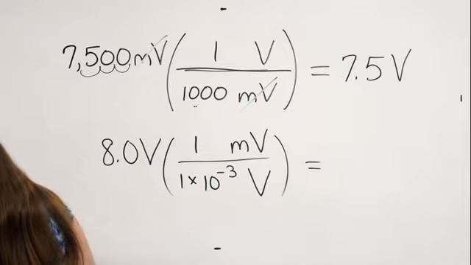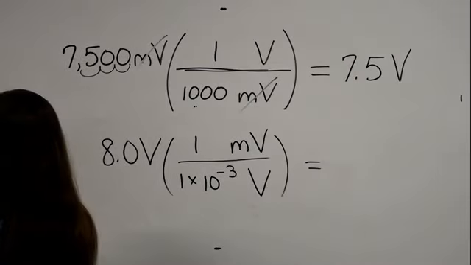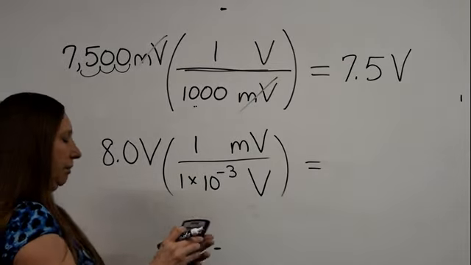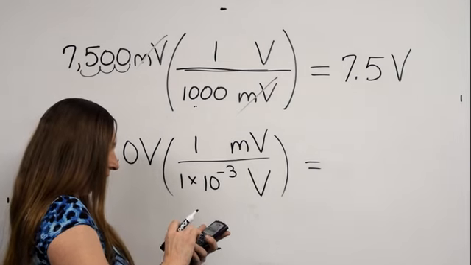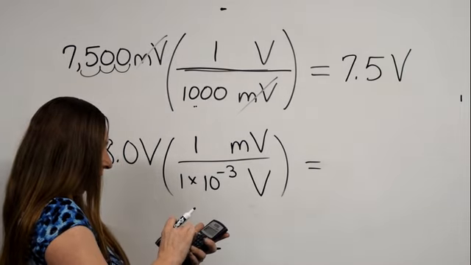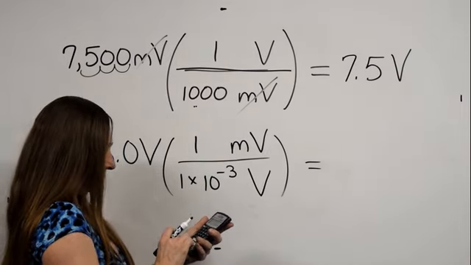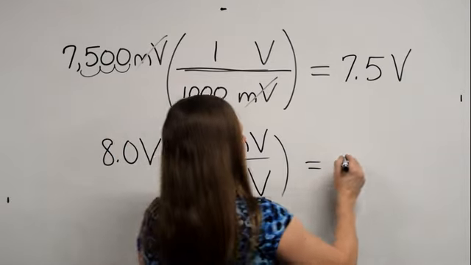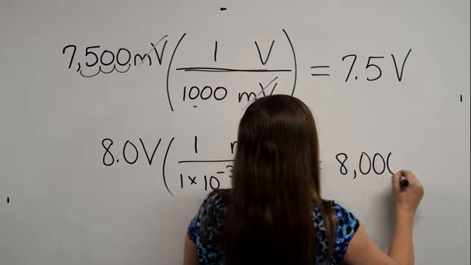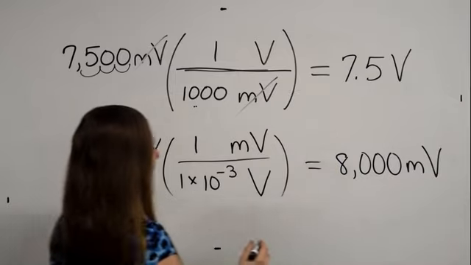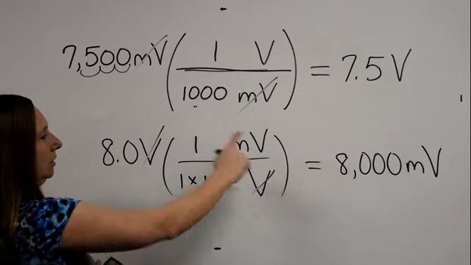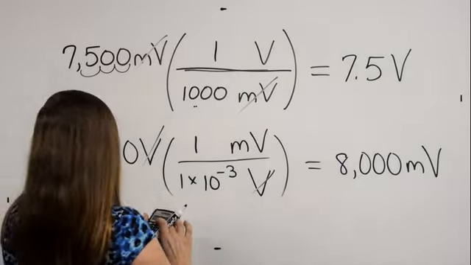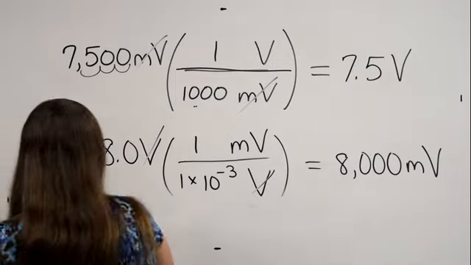Okay, so let's pick up the calculator and let's do 8 divided by 1 times 10 to the negative 3. We're getting 8,000 millivolts. The volts cancel, we get millivolts. All right, we got that.